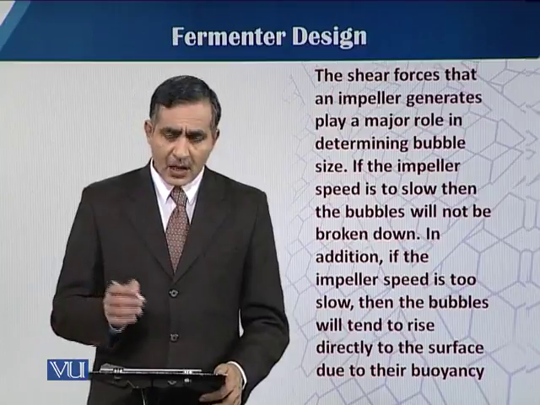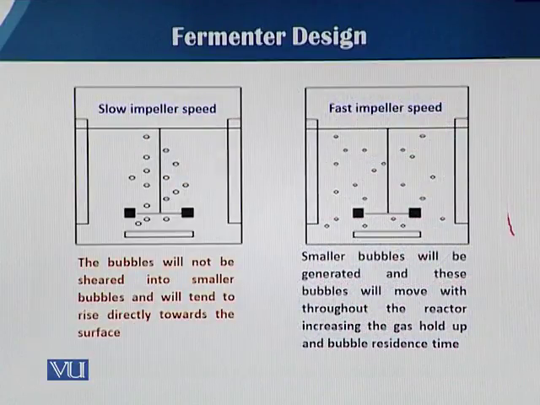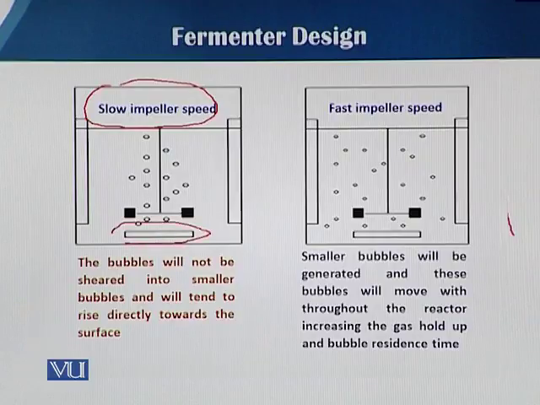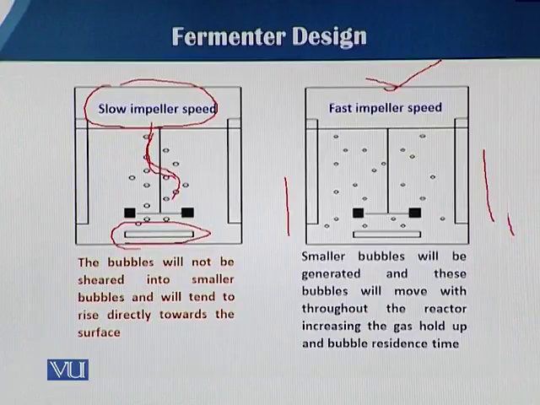In this slide, just imagine the impeller speed is very slow. Then the air bubbles, when they exit and ooze out from the spargers, just go up and have less time to be retained inside the fermentation medium. But when the impeller speed is very high, what happens? Then it facilitates an equal and proper distribution of the air bubbles, and each bubble has a maximum retention time in the fermentation medium.